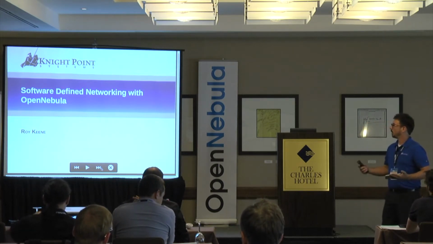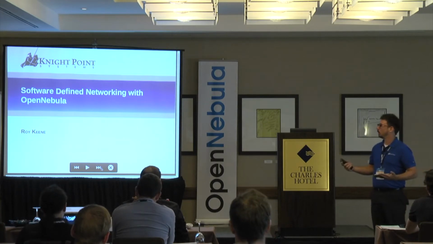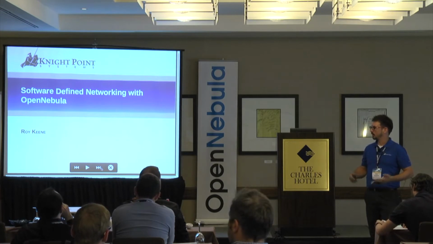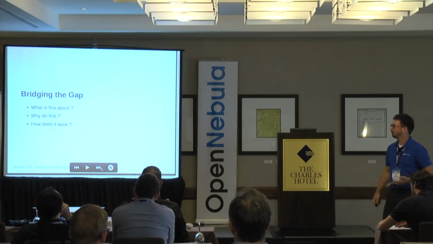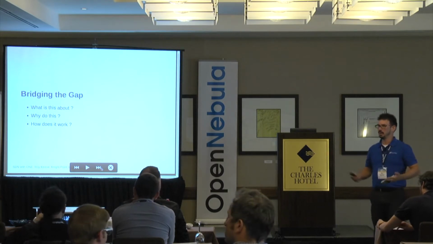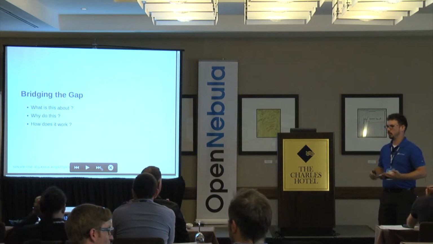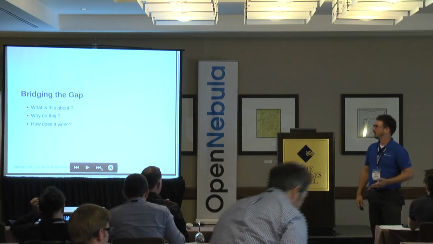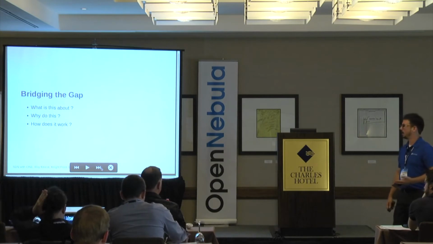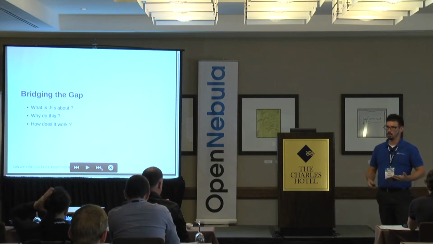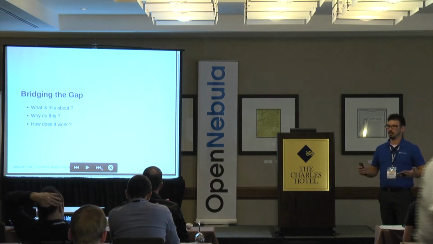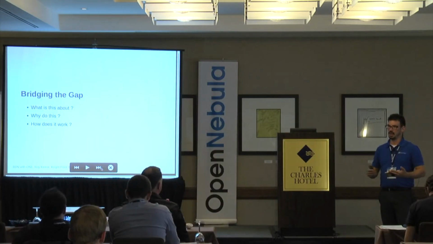And one of the things we do is software-defined networking. The main thing that we do with software-defined networking is to bridge the gap. We have a lot of legacy customers. We're technically a cloud provider, but a lot of people want to just run VMs all the time, and they're going to want to run VMs they already have. So they're going to have legacy network requirements, and they're going to want to be able to configure their networking themselves and how they want.